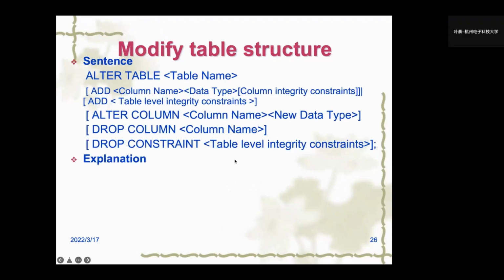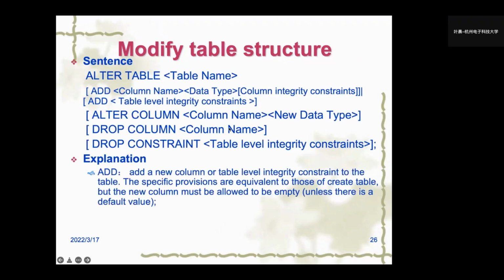And about the statement of modify table structure, I just gave this schema, the grammar here. And we can see the operation add here. Add a new column or table level integrity constraints to the table.